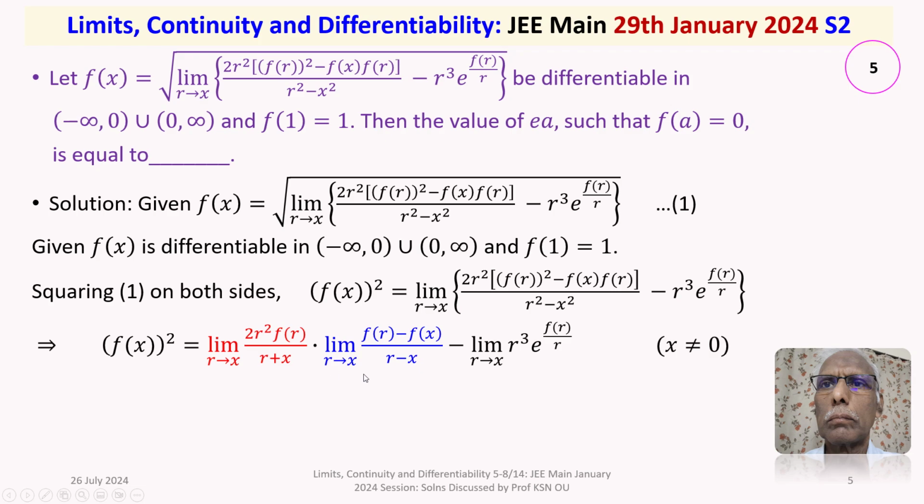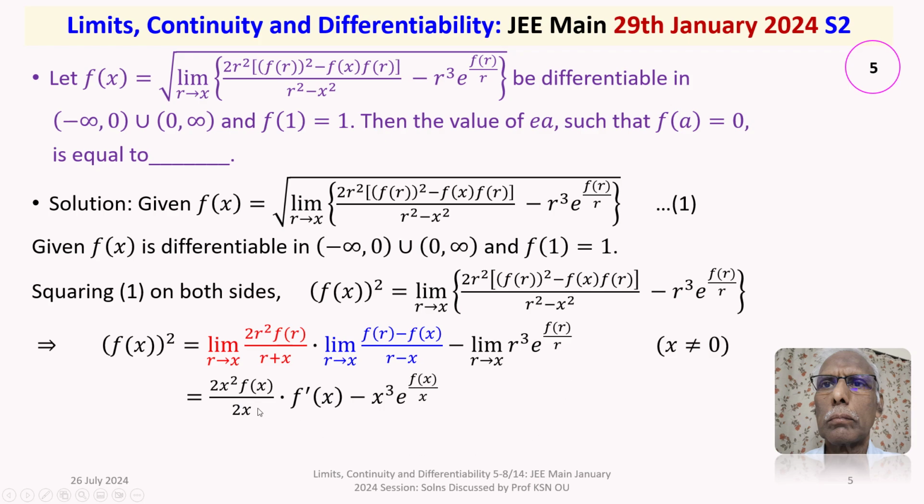Limit r tends to x of f of r minus f of x by r minus x is f prime x, the derivative of f at x, minus limit r tends to x of r cube is x cube into e to the power of f of x by x. Remember, x not equal to 0. So we get this one, right?